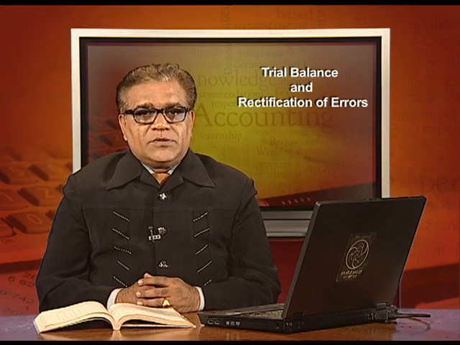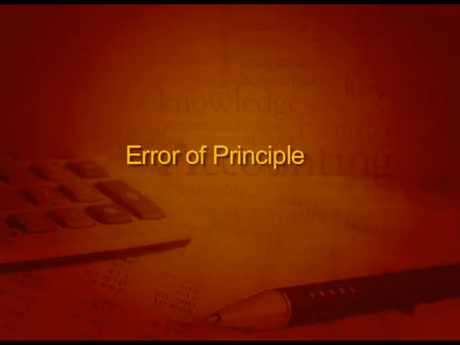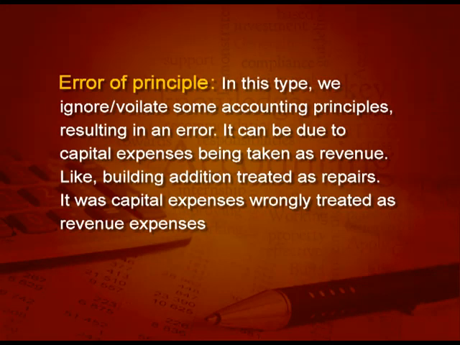Next, error number 3 is error of principle. In this type, we either ignore or violate some accounting principle, which results in an error. It can be due to a capital expense being taken as revenue, like you have made some addition in the building and you have treated it as repair.